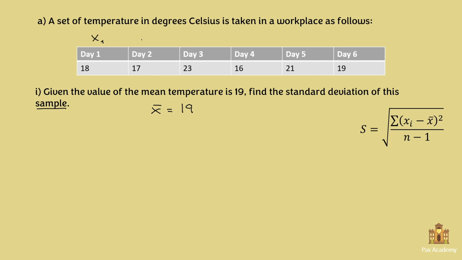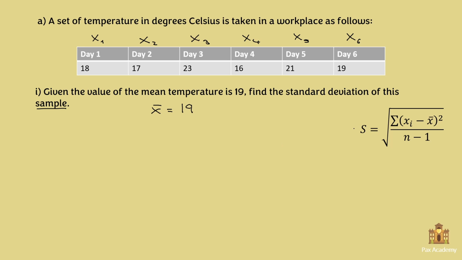So x1, day 2 would be x2, day 3 would correspond to x3, x4, x5, and x6, okay? And as you can see, there's a value associated with those x1, x2. So for x1, the value associated is 18, okay?